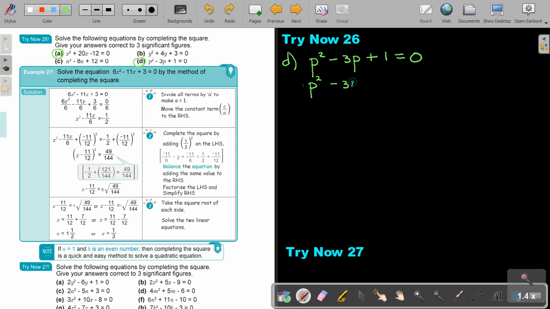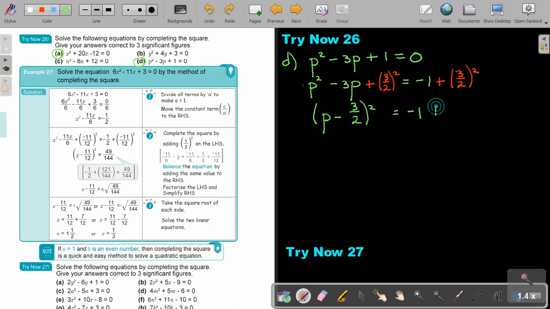Okay, so this is 3p, and if I take it over negative 1, and now I complete the square, so it's plus 3 over 2 squared, plus 3 over 2 squared. And then I complete the square, so it's p minus 3 over 2 squared, negative 1.